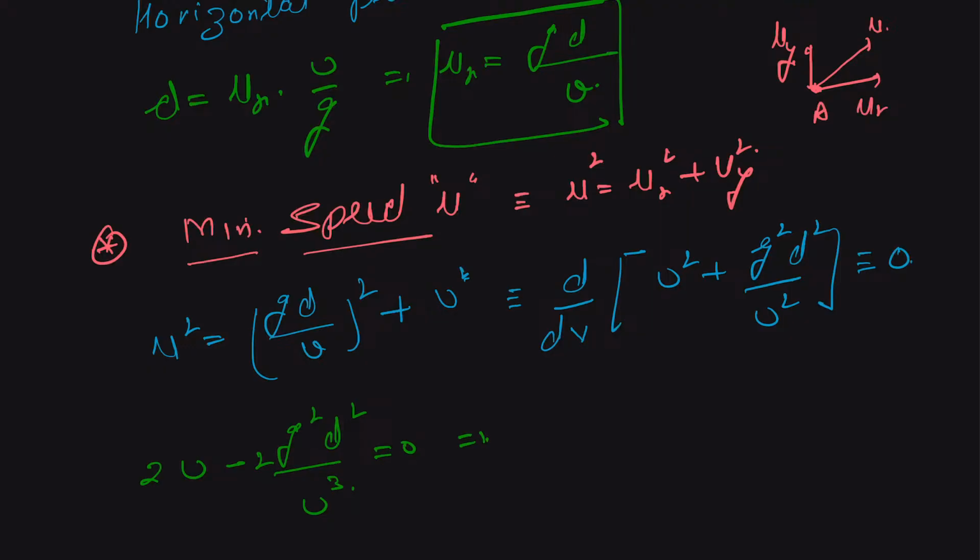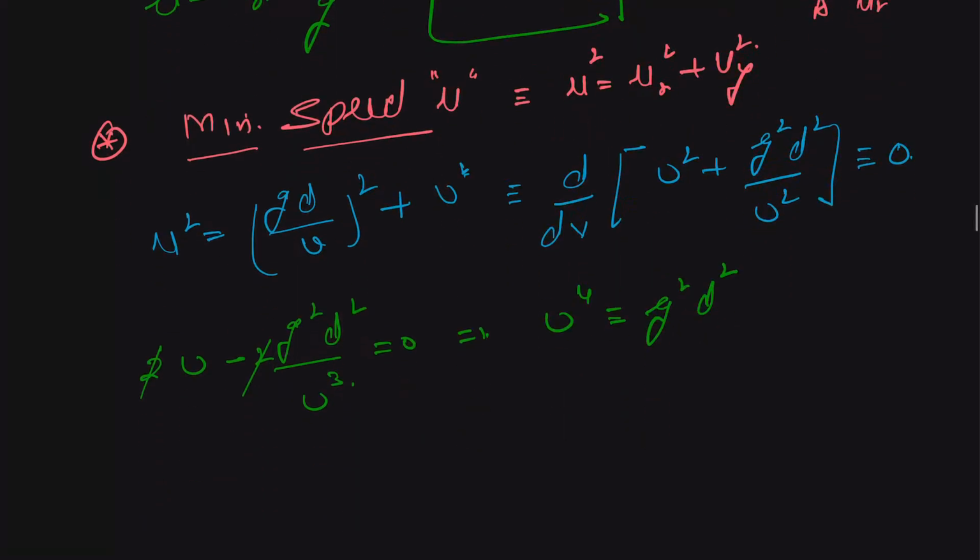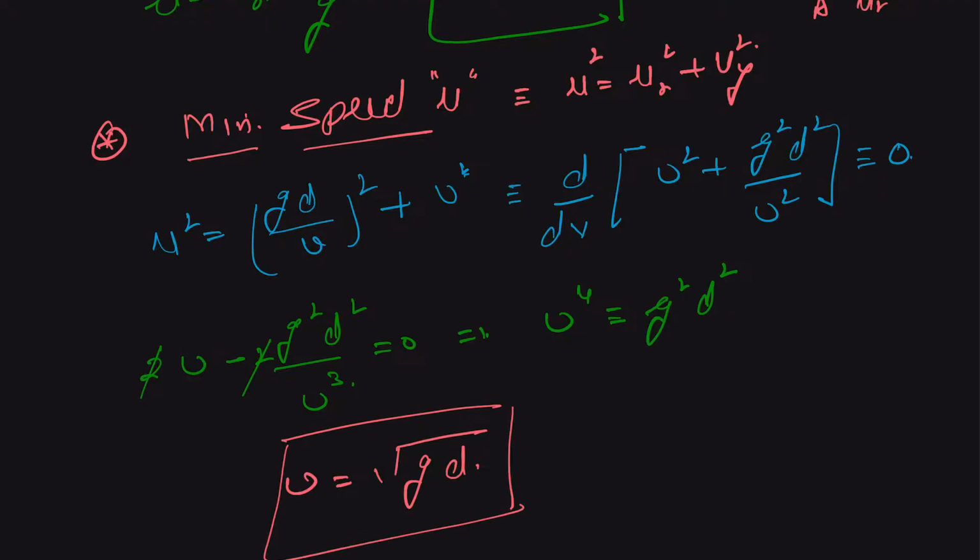Therefore we can ignore the 2, and we get v to the power 4 equal to g square d square, or we can say that our value of v is equal to the square root of g d. So this is our value of v.